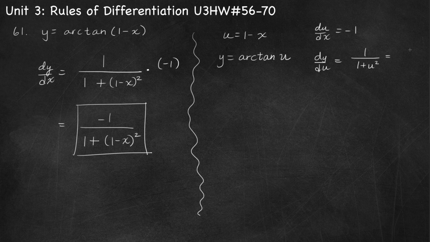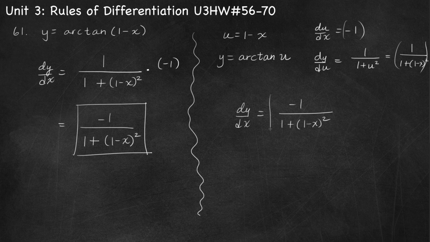Since u is 1 minus x, that's equal to 1 plus 1 minus x squared. And then we multiply these two derivatives. So dy dx equals -1 times 1 over 1 plus 1 minus x squared. And you could expand the denominator if you wanted to, but there's no need to do that.